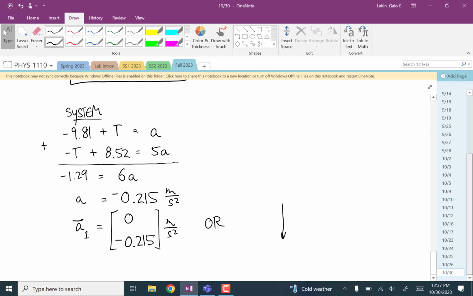Or in other words, it's downwards at 0.215. Anybody have any other questions about that one?